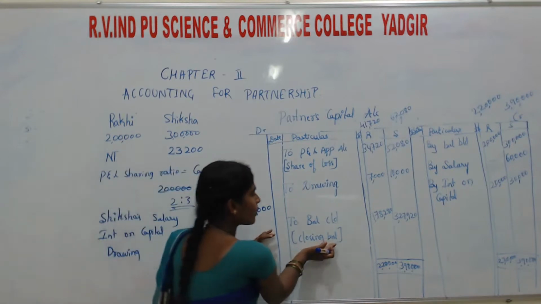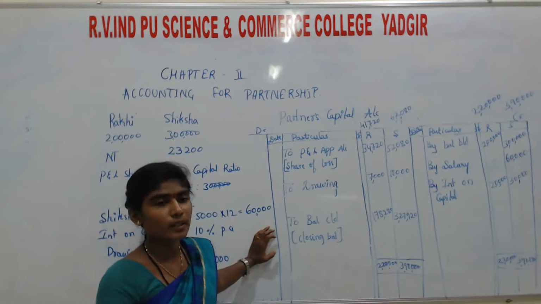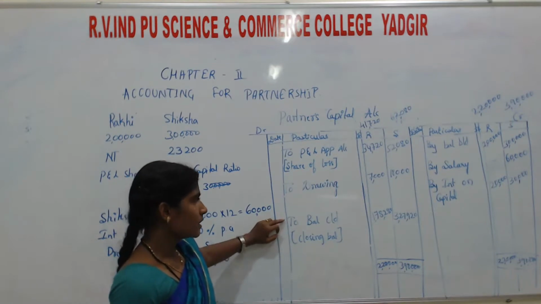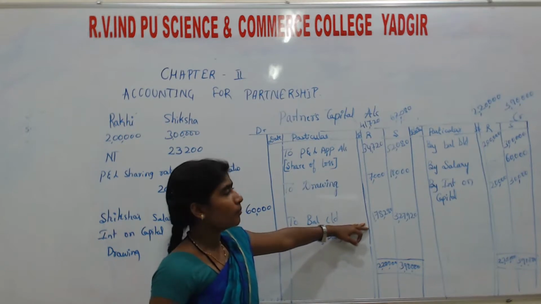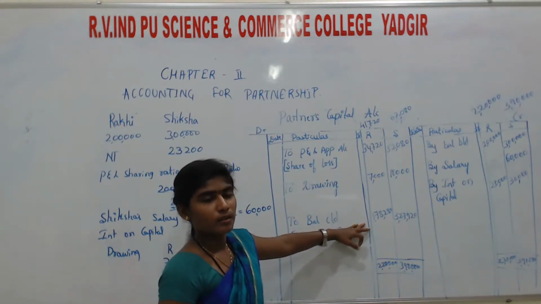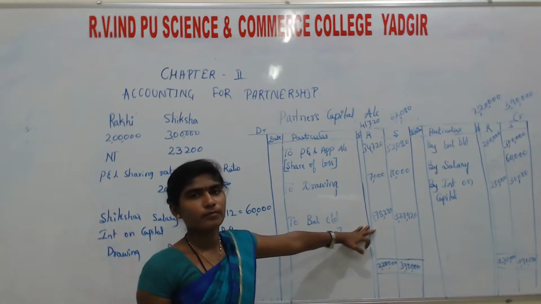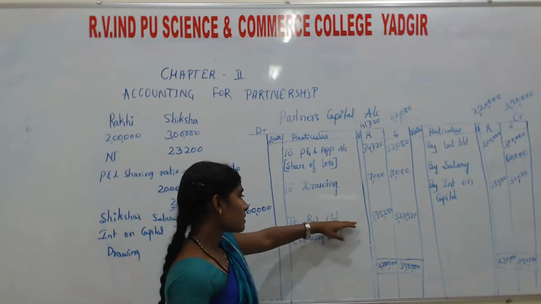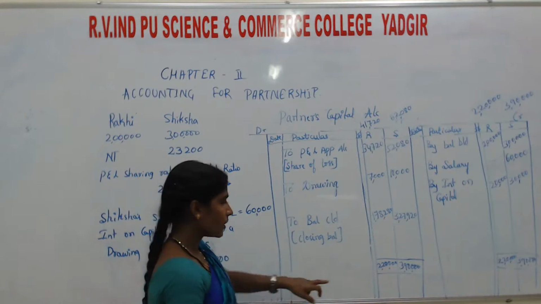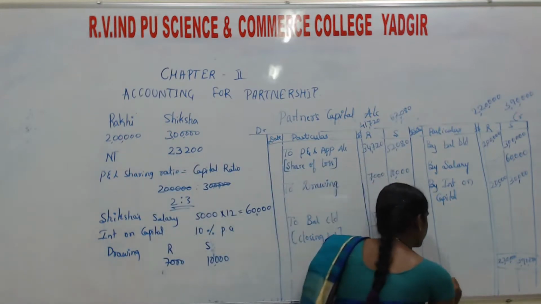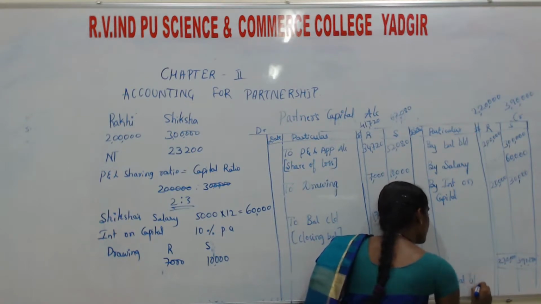So this is the closing balance of partners' capital account at the end of the year. It is the closing balance of capital of partners at the end of the year. So this balance is carried forward for the next year. So here we bring down the balance, to balance brought down.